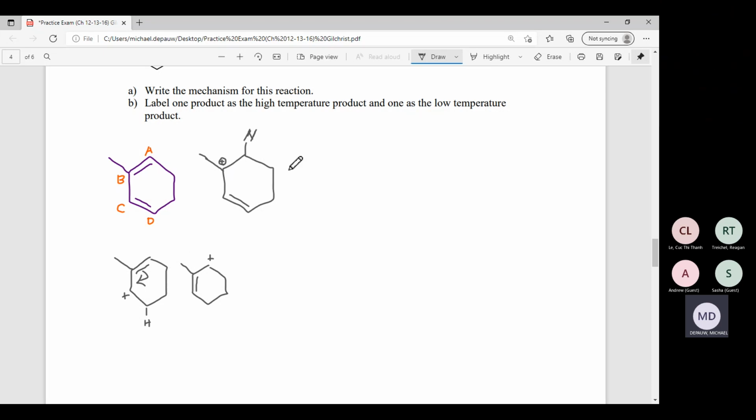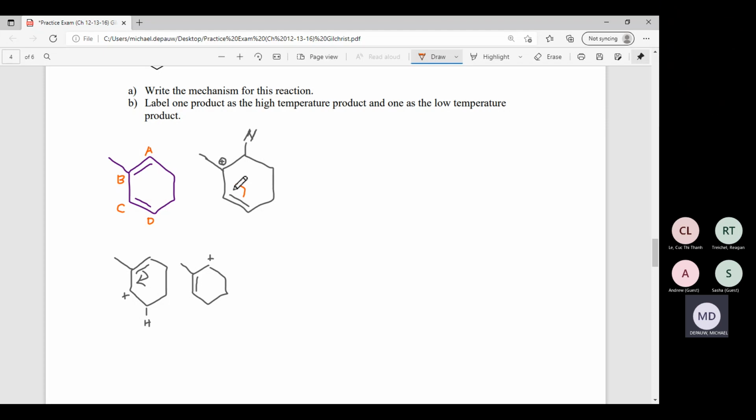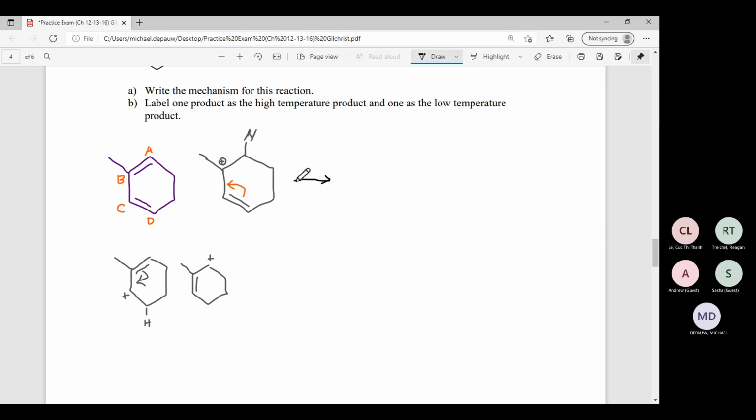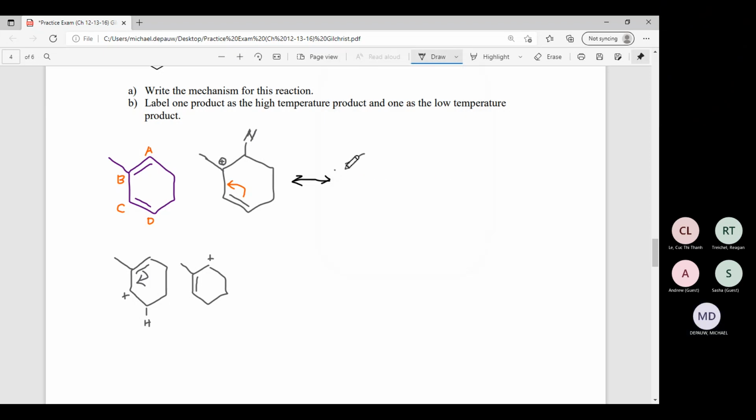Whereas in the top case, you actually have resonance that allows for this to become, and you actually get both of these, this to become this carbocation here.